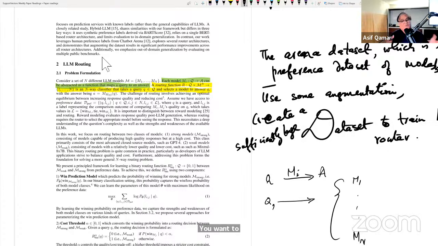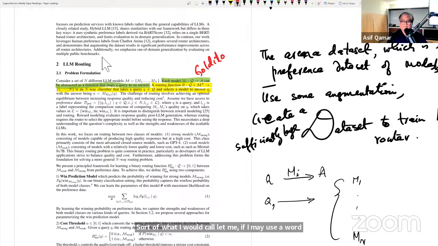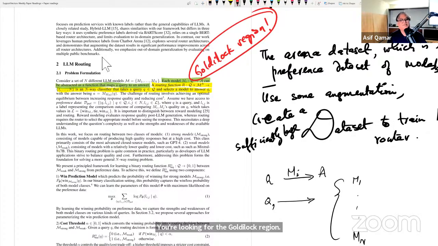So you have to find an inflection, what I would call the Goldilocks region. A place at which the cost is not too high, but the performance is still awesome. As far as human beings are concerned, they still feel the performance is awesome, and the whole network is doing the job. That's what you would want.